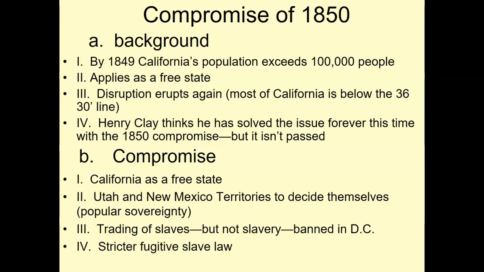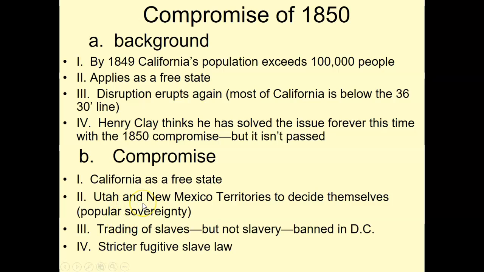Number 1. Clay believed that California must come into the Union as a free state because that's what they chose. Okay? So California will enter the nation as a free state. Everybody see that?